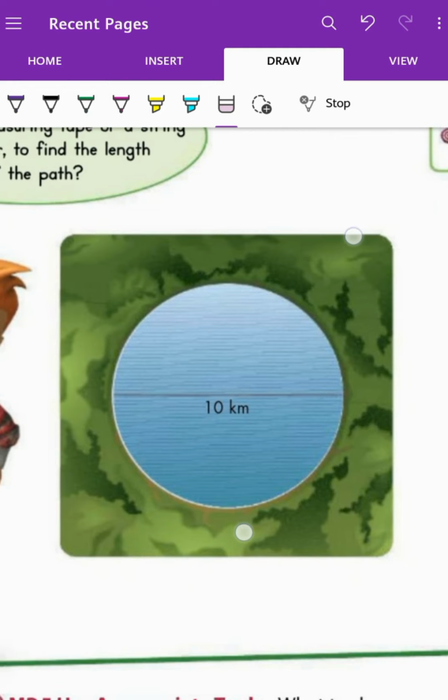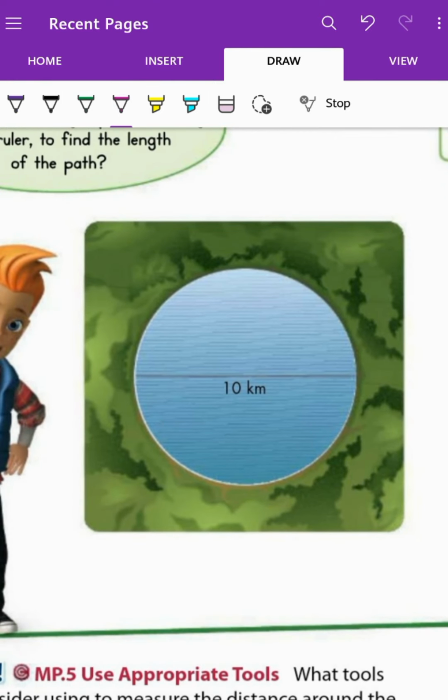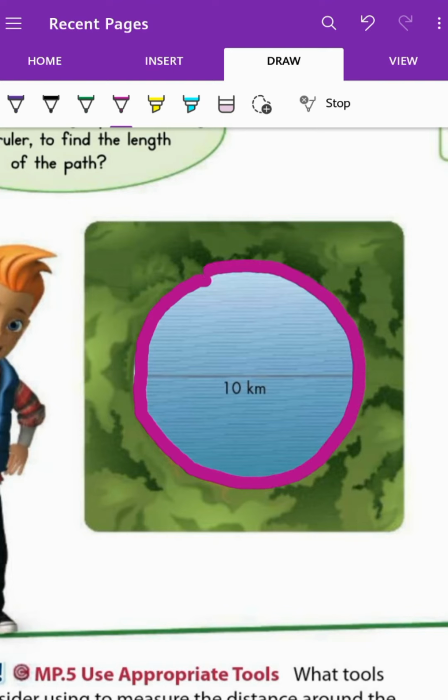We need to find the circumference of this circle. The circumference is the path around this lake, the length of the path around this lake. So the circumference is the length of the fence around the circle.